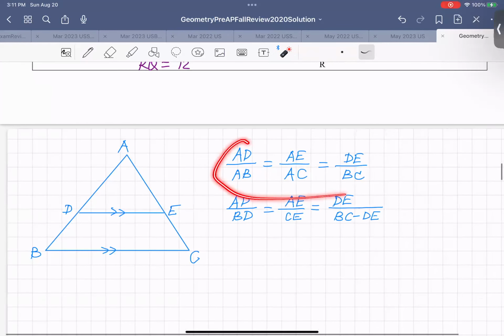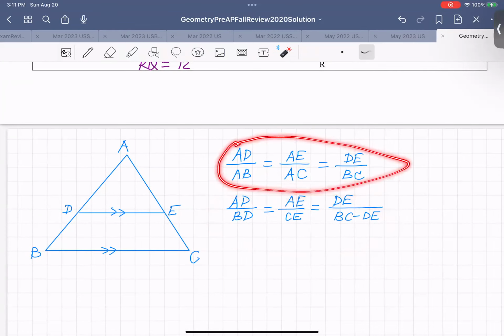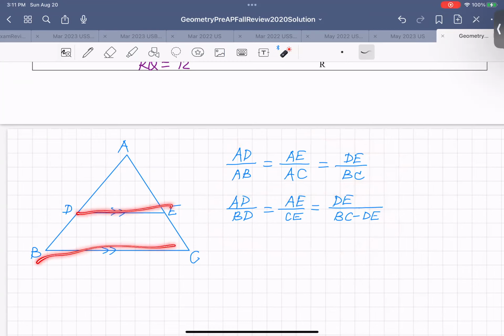Here, I want to show you something also interesting, Jeffrey. This is the equation. The lines here are parallel, so the corresponding angles are equal. AD over AB equals AE over AC equals DE over BC.